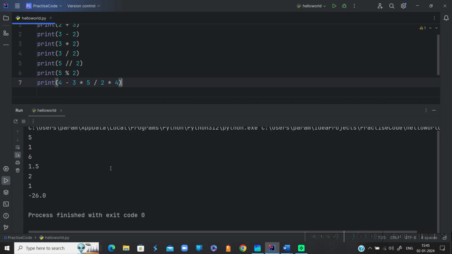So as a result, we expected 10, but it is not happening. So there is a concept called operator precedence. I will explain operator precedence in the next session. Please wait for that. You will understand more about what actually happens in the background.